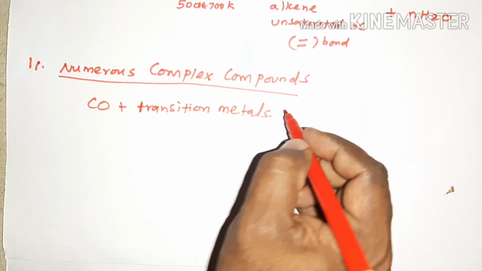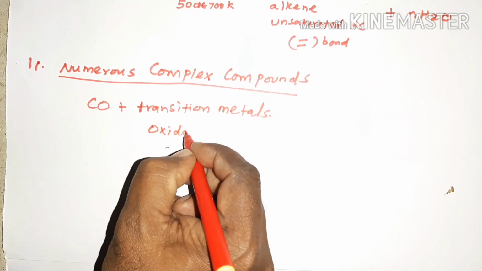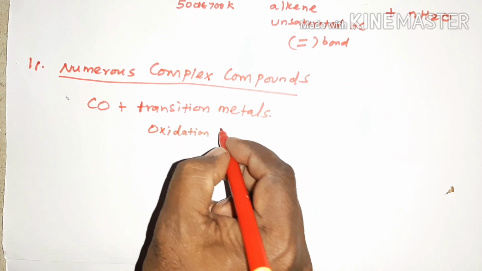Here the oxidation state of the transition metal will be 0.